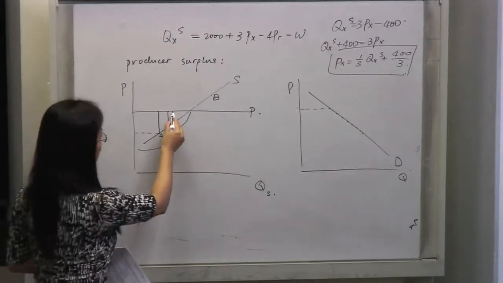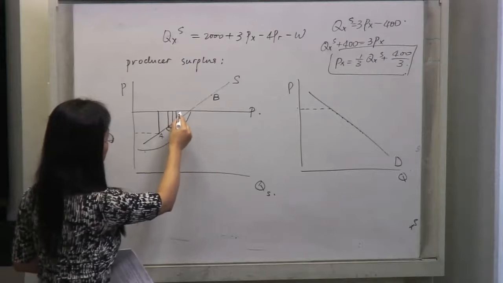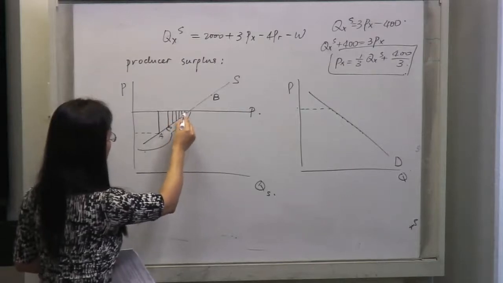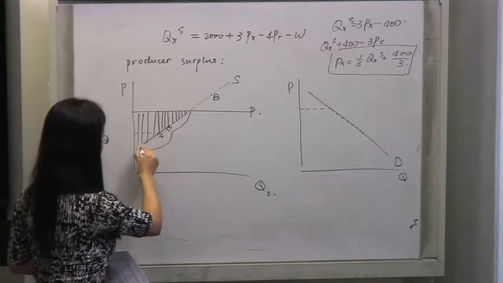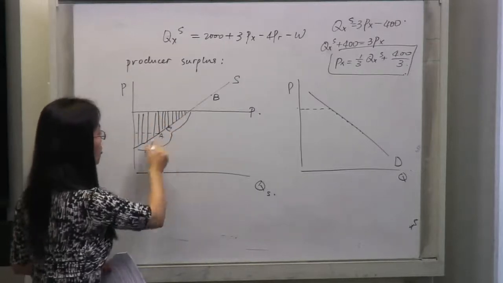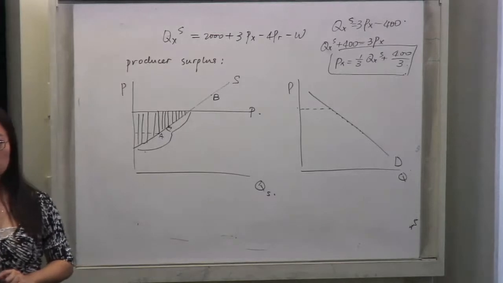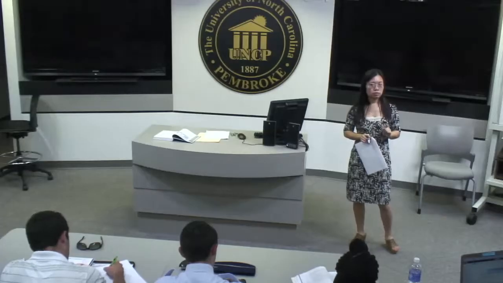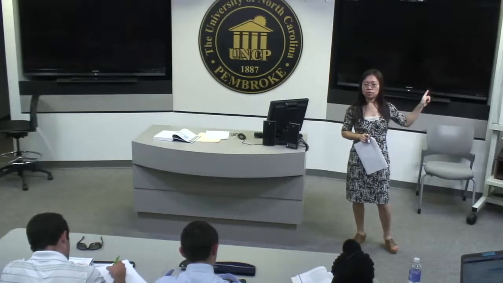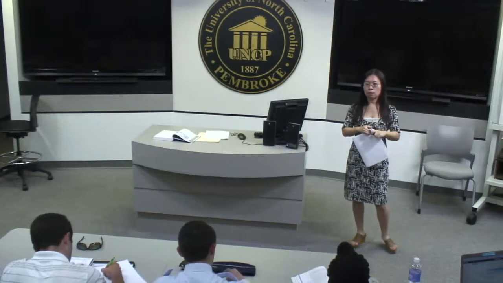We figure out each participating firm's gain, and we add all of them up, and it would be this triangle. So this triangle is the producer surplus that is represented by the graph in this market.